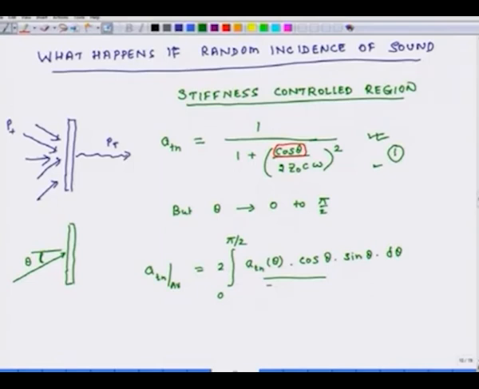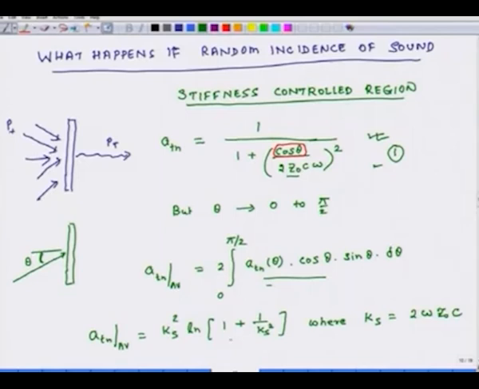If I do the math correctly, then the average attenuation is k s square times the natural log of 1 plus 1 over k s square, where k s is this term, 2 omega z naught over c.